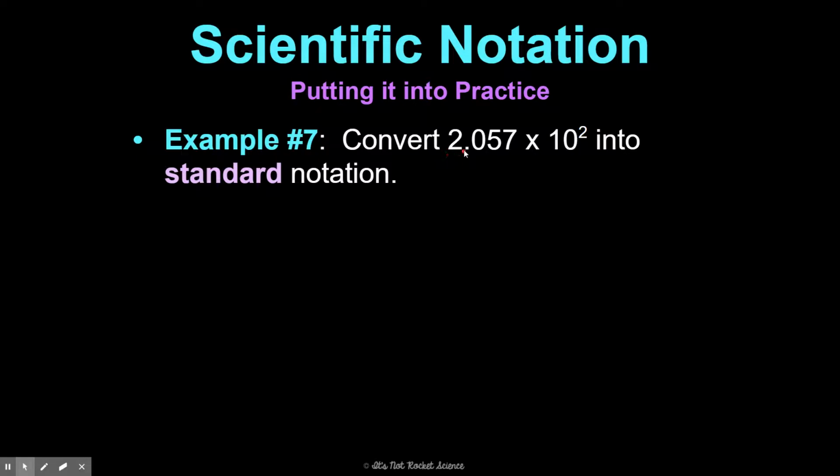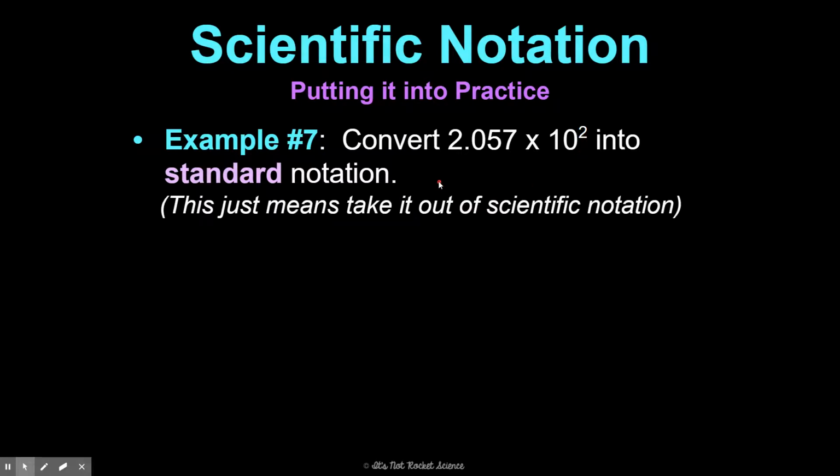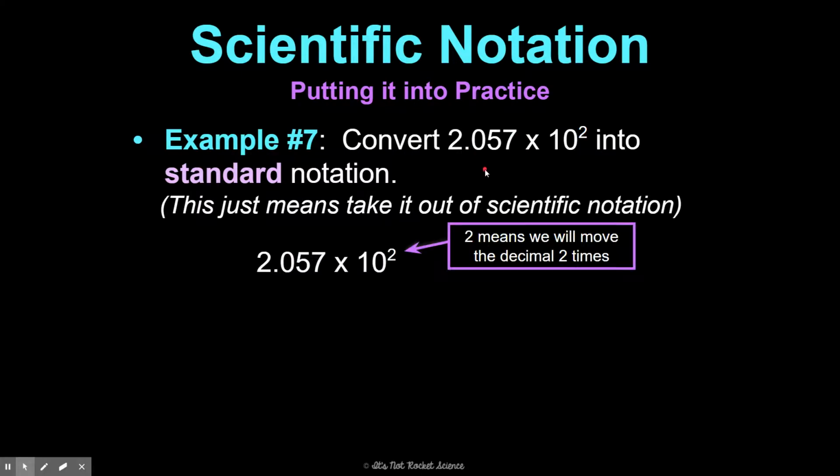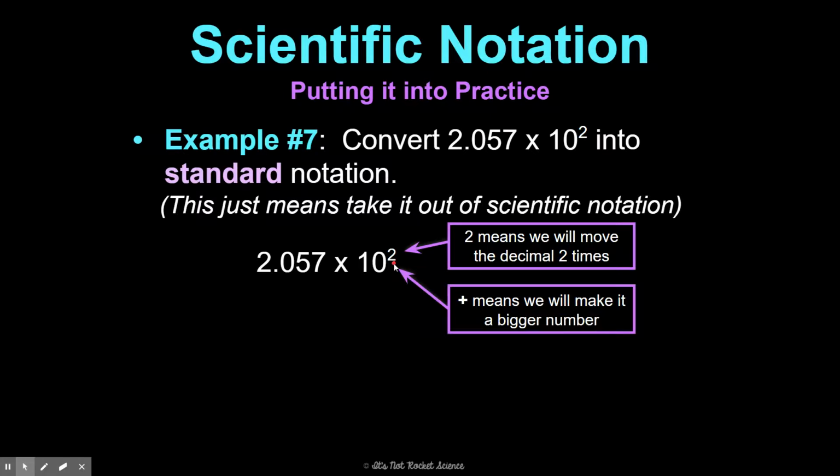So we're going to convert 2.057 times 10 to the 2nd power into standard notation. So that just means that we're taking it out of scientific notation. We're getting rid of this back part right here, the times 10 to the second power, which means we have to shift our decimal over. We're going to move the decimal 2 times because that's what that 2 stands for.